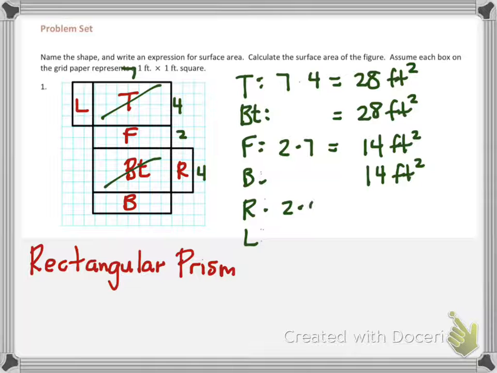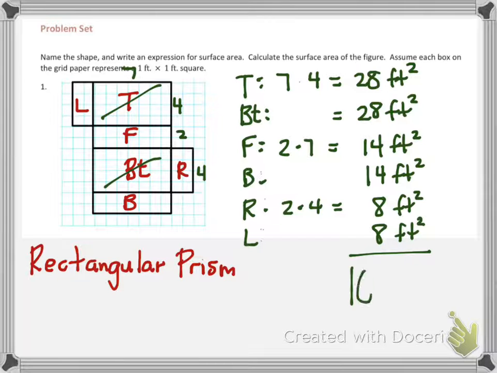So 2 times 4, that's 8 square feet, and that's for the right, and the left side is also 8 square feet, and then we add them all up. And let's see, 28 and 28 is 56, another 14 is 70, another 14 is 84, another 8 would be 92, and another 8 would be 100. So exactly 100 square feet for the surface area of the rectangular prism.